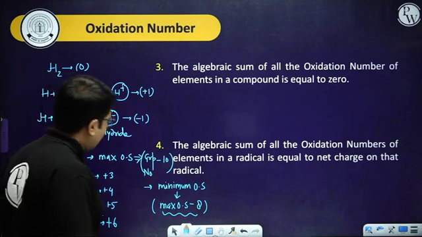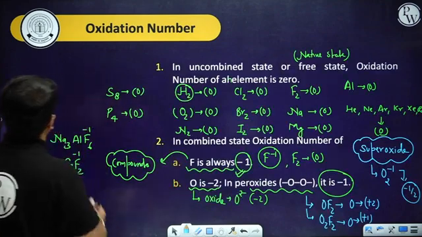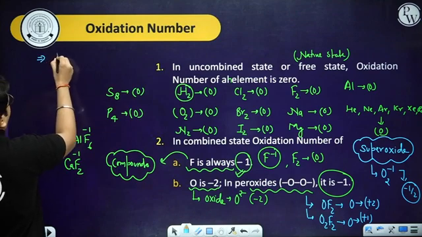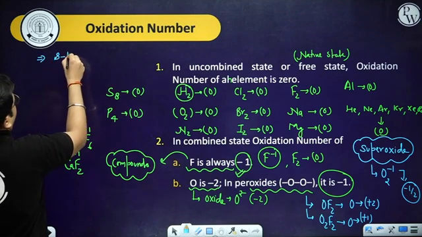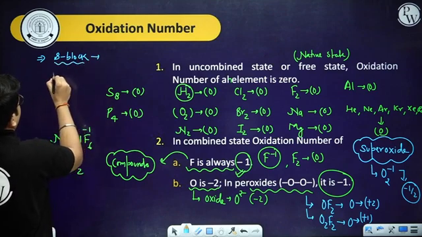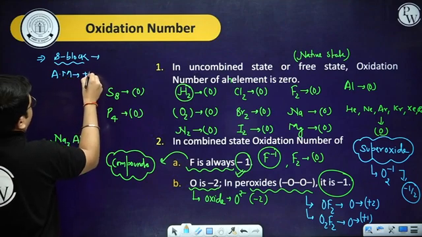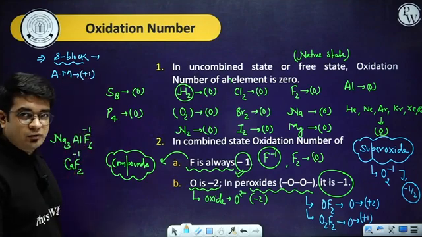Next, I'm including one more thing: the s block. S block elements are very easy. The alkali metals have an oxidation number of +1, always fixed.